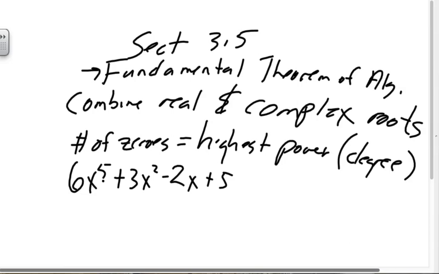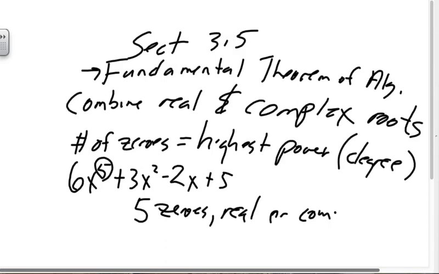We go in, the highest power is 5. So what this means is I have 5 zeros, and they can be either real or complex. This doesn't tell me what I've got, it only tells me that I have 5 total.